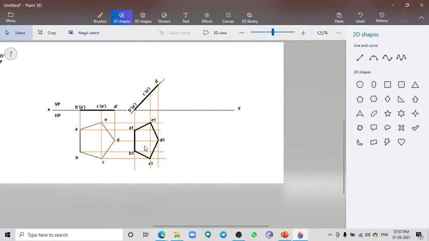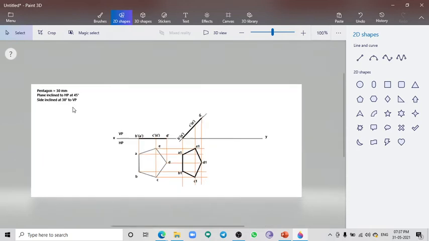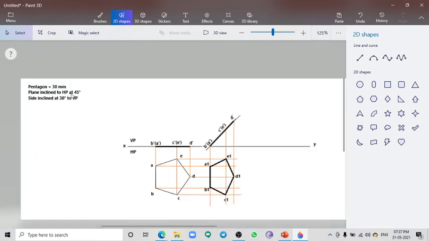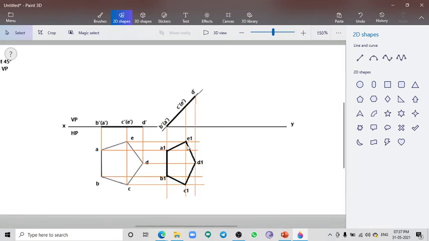Then we have to move towards the third stage, which is a side inclined at 30 degree to VP. So which means we have to incline this top view at an angle of 30 degree. We cannot directly incline this pentagon since it is an irregular pentagon. So I am going to consider the outline of this pentagon to form a rectangle.